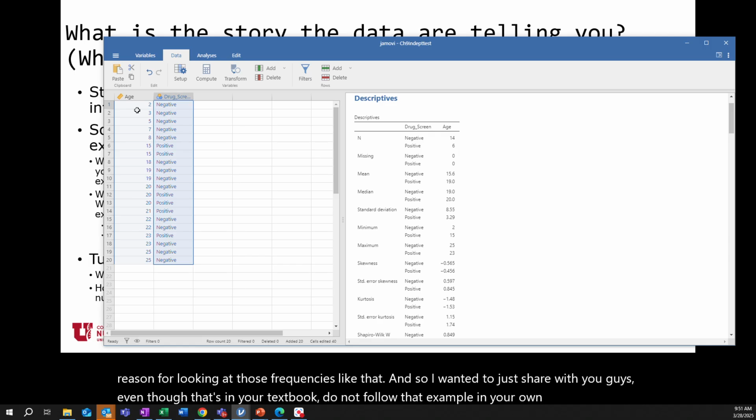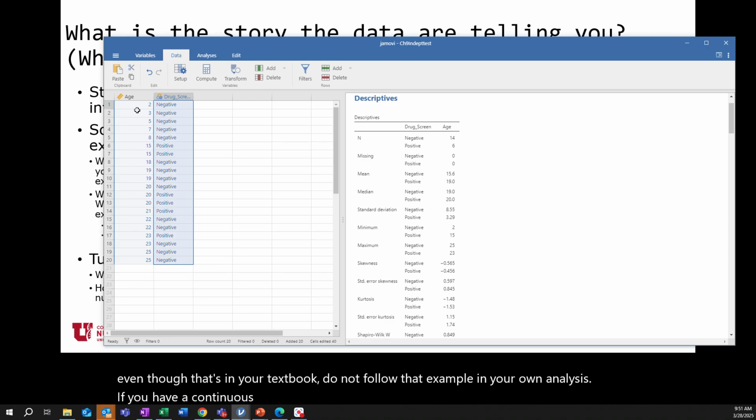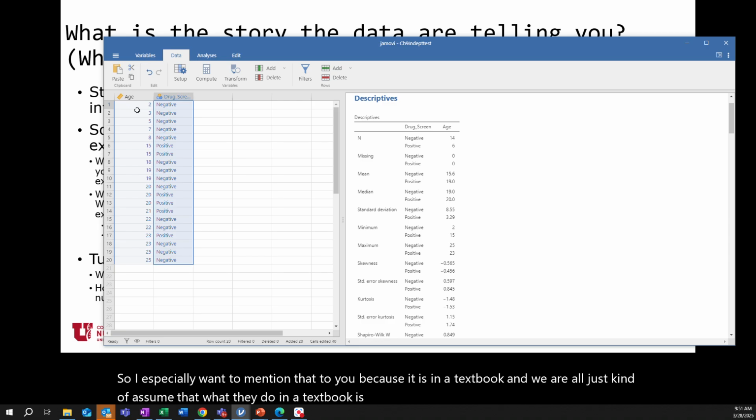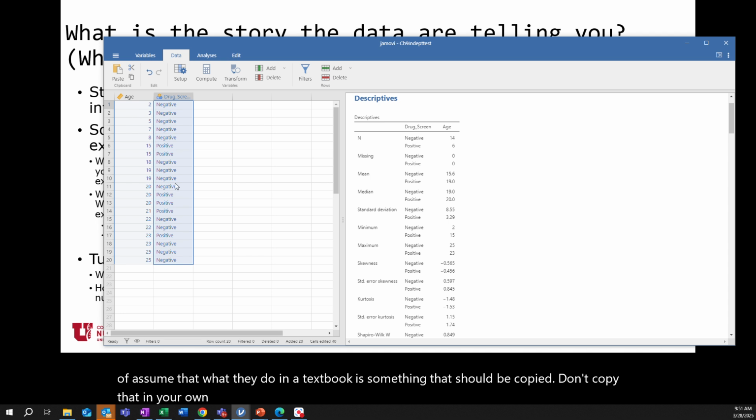If you have a continuous variable, you really shouldn't be generating a frequency table or doing a box plot on those. So I especially wanted to mention that to you because it is in a textbook, and we all just kind of assume that what they do in a textbook is something that should be copied. Don't copy that in your own work. Unless you have a reason to deviate from a standard practice, just don't do it, because those tables would be problematic.